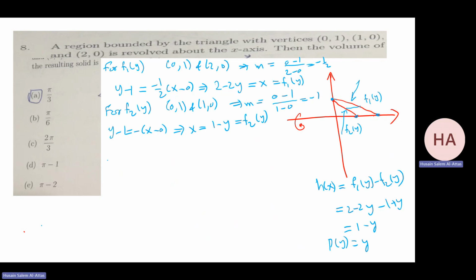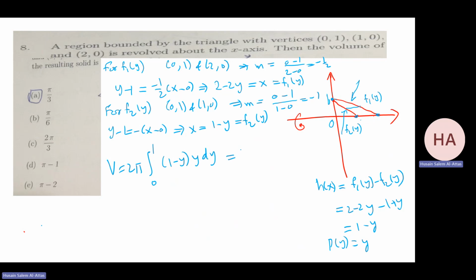V will be what? 2 pi from where to where? This region from where to where? I'm talking about the y values. That will be 0 to 1. From 0 to 1, 1 minus y times y dy.